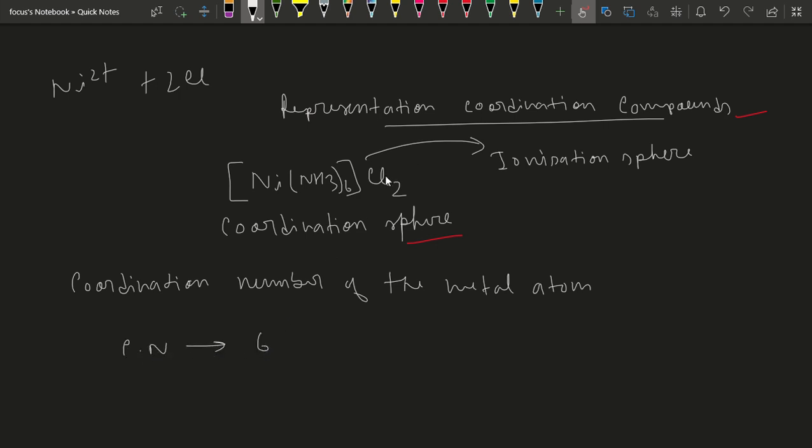Some other elements, the 2 chloride ions, are outside this coordination sphere. As we have already discussed, they satisfy the primary valency. Inside this coordination sphere, these groups are called ligands.